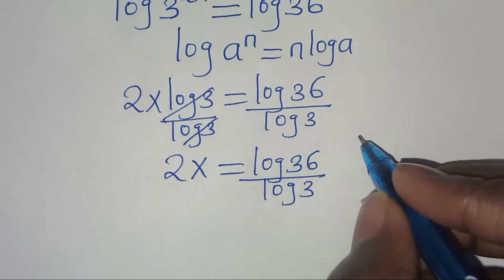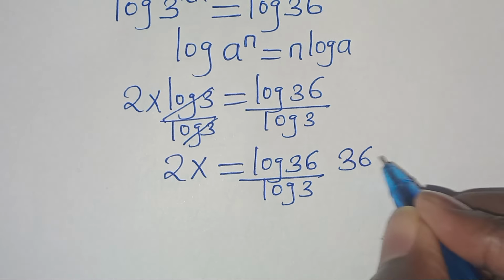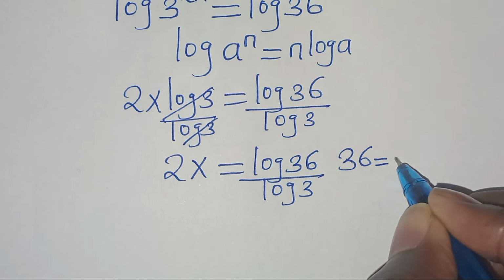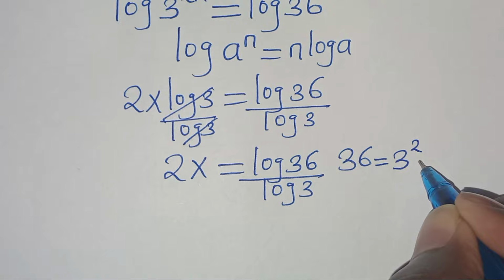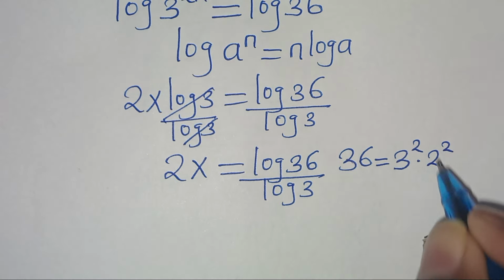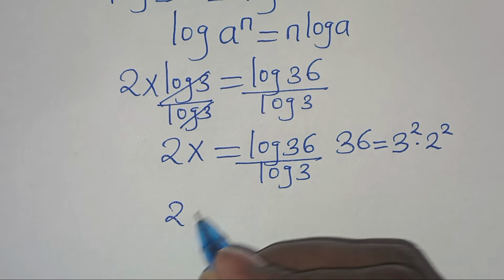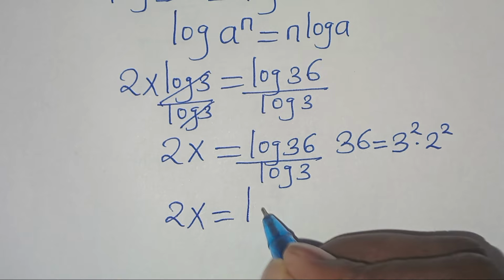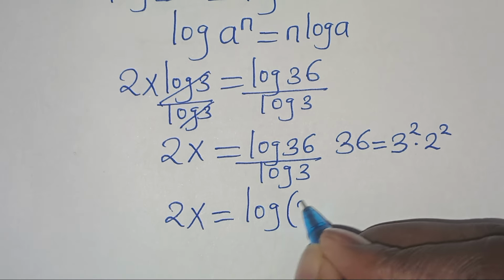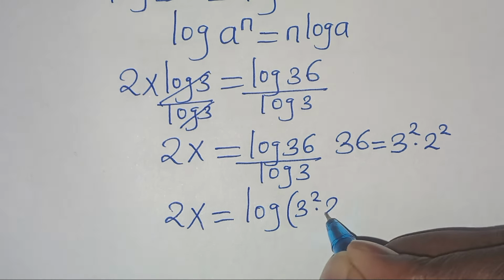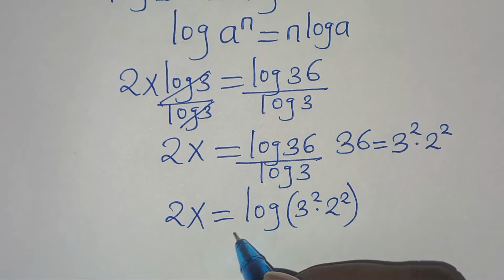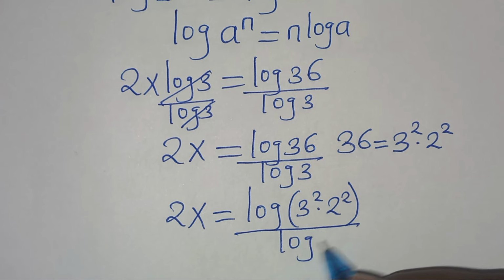Now, we can express 36. This is the same thing as 3 to the power of 2 times 2 to the power of 2. So let's substitute this so that we have 2x. This is equal to log 3 to the power of 2 times 2 to the power of 2, then divided by log 3.